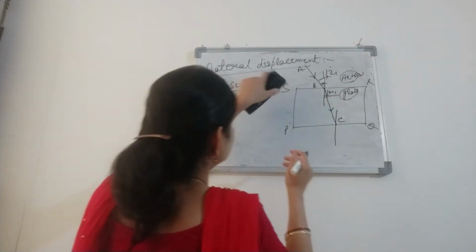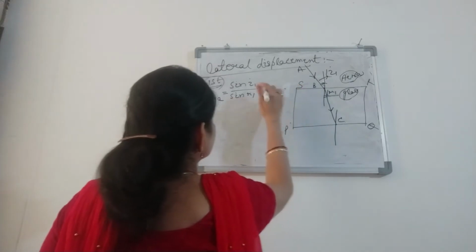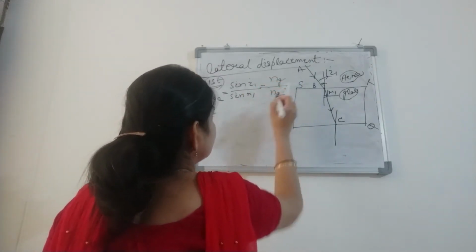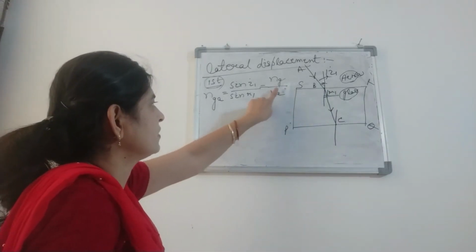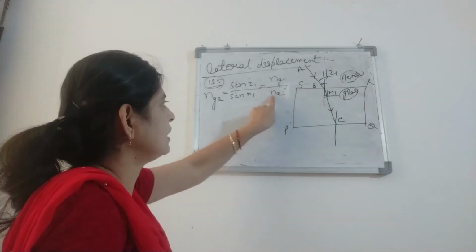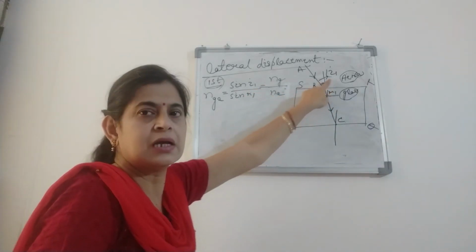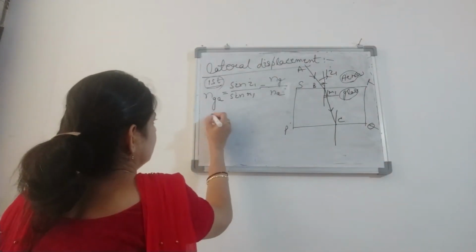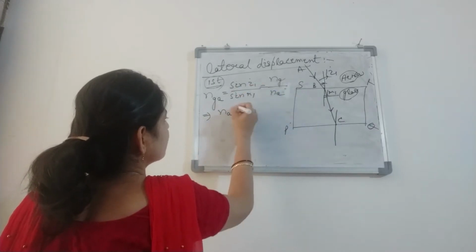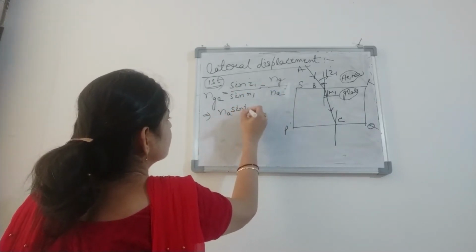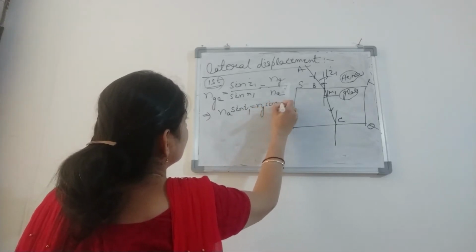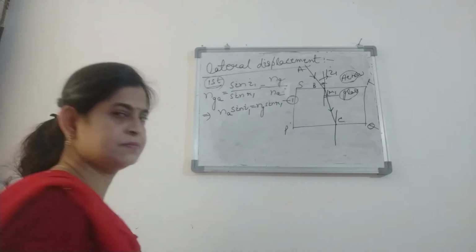That is equal to NG divided by NA, the refractive index of glass medium divided by the refractive index of air medium. Or if we cross multiply, then NA sin I1 is equal to NG into sin R1. Suppose this is equation number 1.